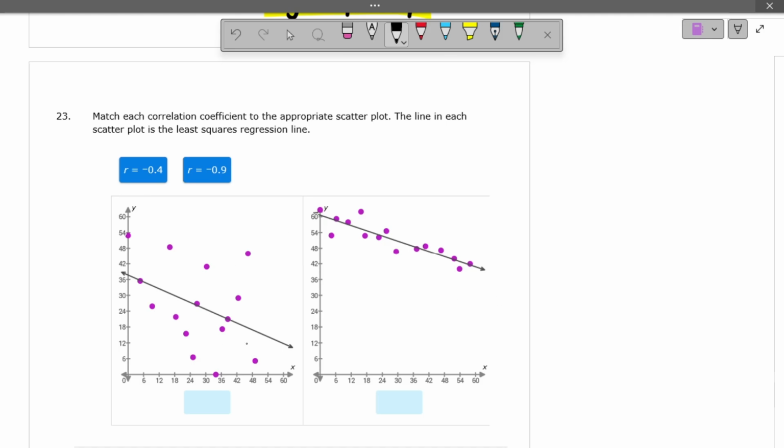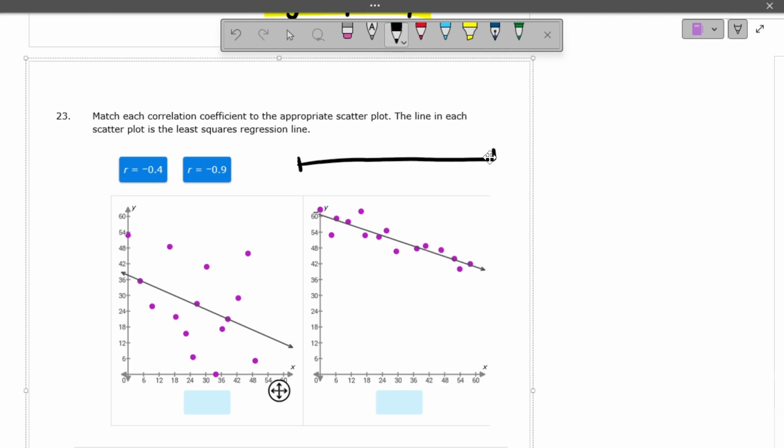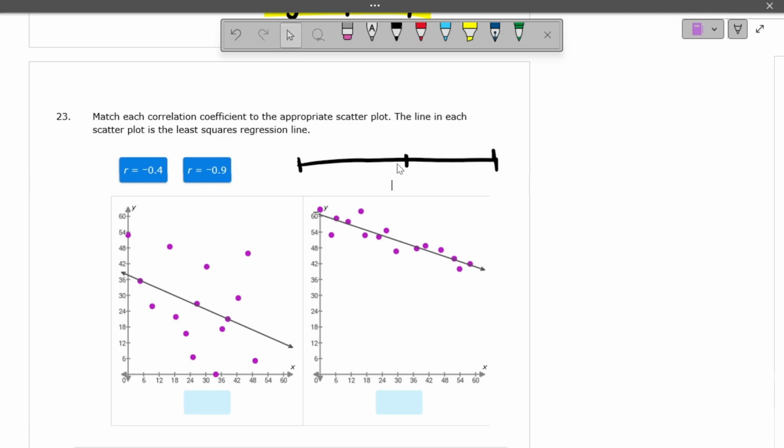And then how we tell which one is 0.4 versus 0.9, we have that nifty chart that was in our notes from earlier that I will attempt to redraw at least a little bit. There we go. Basically, the closer we get to -1 or +1, the stronger our correlation is, meaning our dots are closer together.